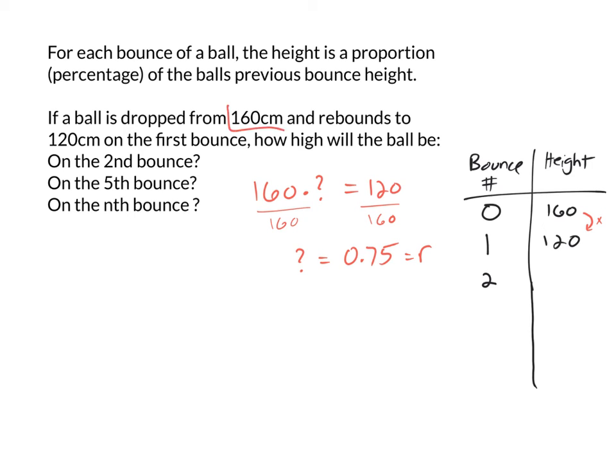And I'm told my starting point, that 160 centimeters. So I'm going to use my special y equals a times b to the kt. Every bounce, k is 1.